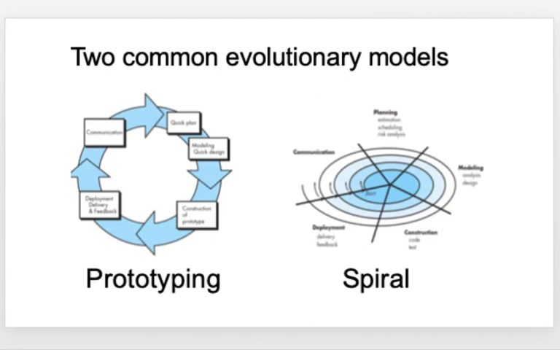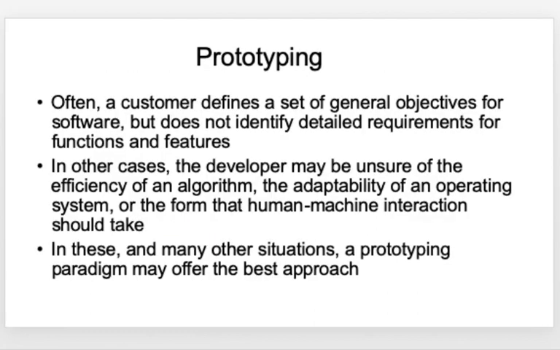There are two common evolutionary process models available. They are the prototyping and the spiral model. The prototyping model basically works well if a customer could define a set of general objectives for the software, but is not able to give the detailed requirements of the functions.